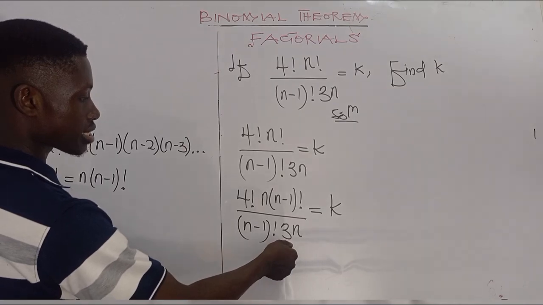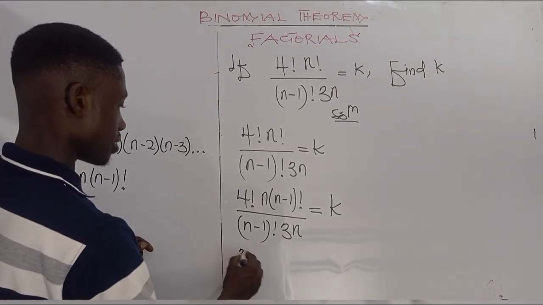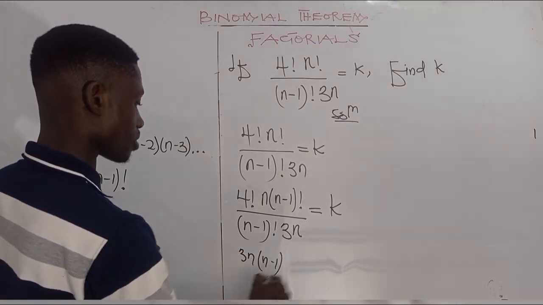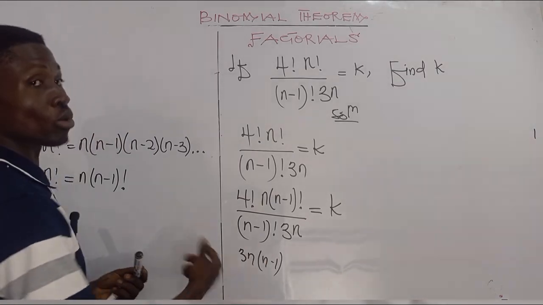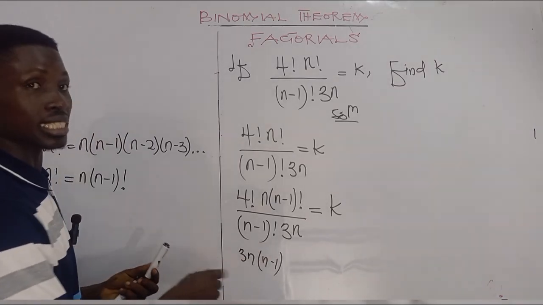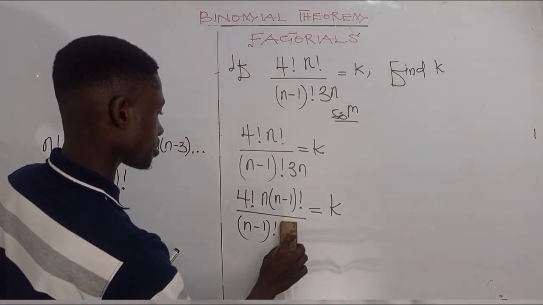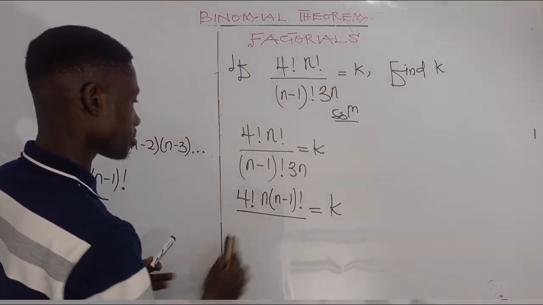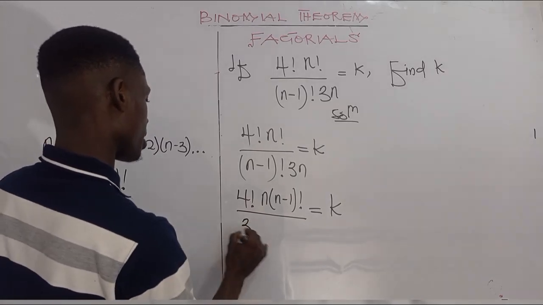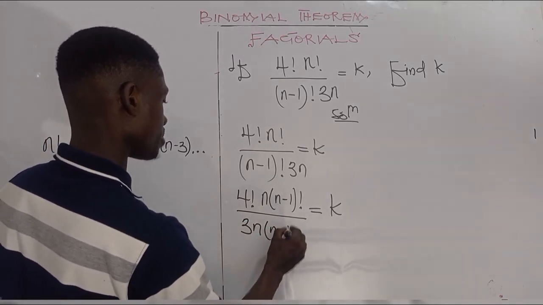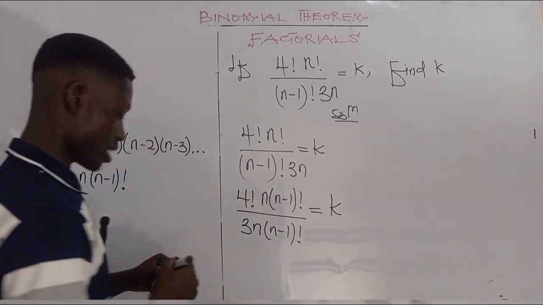Now this can be written as 3n times (n minus 1) factorial. I believe you agree with me, since they are multiplying, the position doesn't matter. So we can rewrite this as 3n times (n minus 1) factorial.